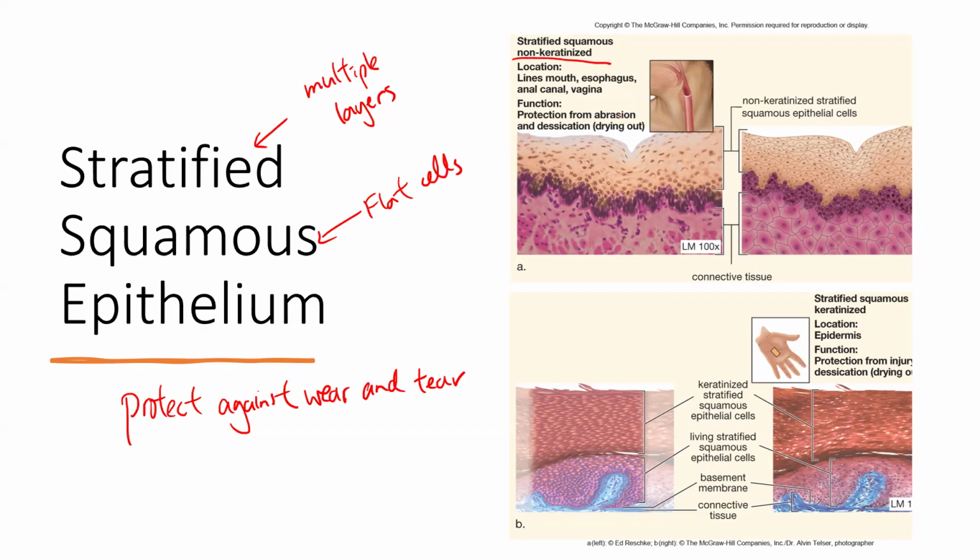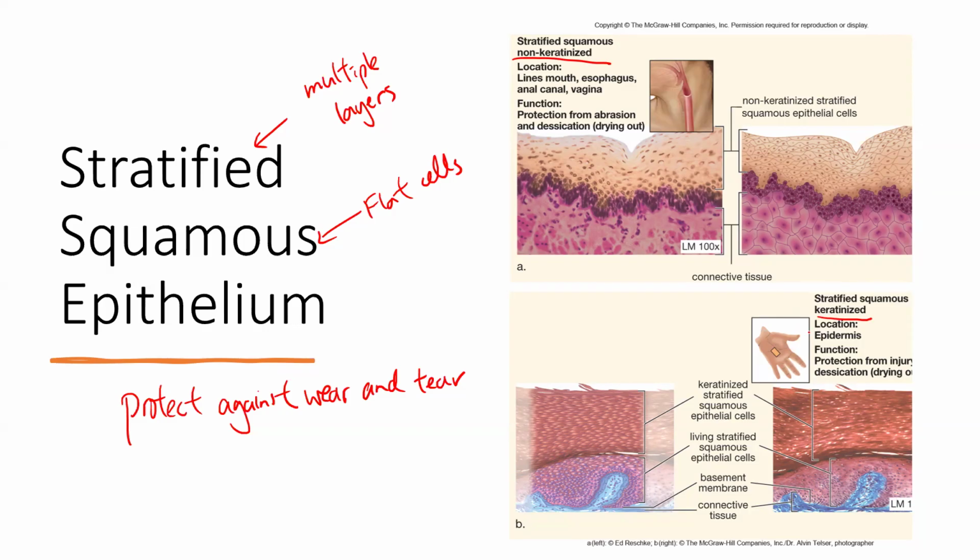We have non-keratinized, which generally occurs on the inside of the body, and then you have keratinized, which is a protein that makes it, what's the word I'm looking for, waterproof. On the surface of the skin, you would want the keratinized version, to create a water-repelling barrier.